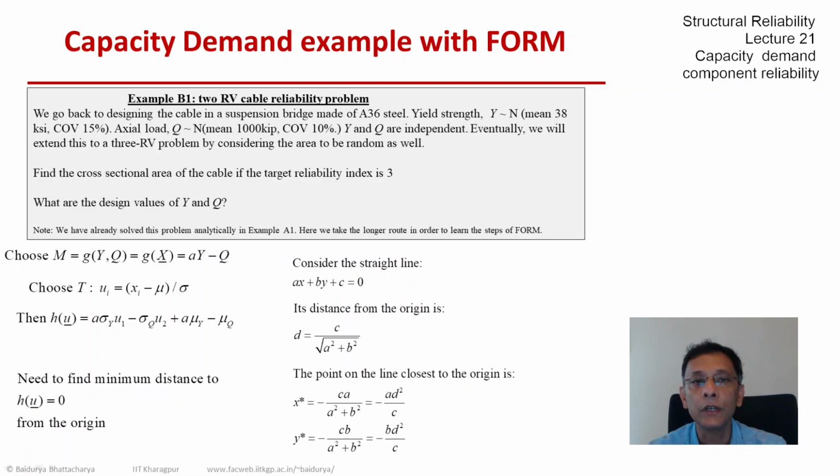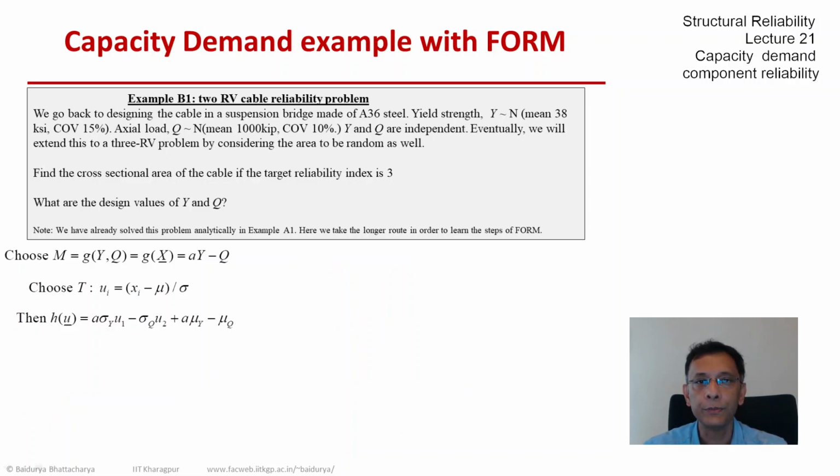So we have to remember these results, and we have to now go back to this line h equals 0 and find out both the minimum distance and the coordinates of the points. So d is c by root of a square plus b square, and x star is negative a d square by c, and y star is negative b d square by c. With these formulas in mind, let's put these back on the problem at hand.